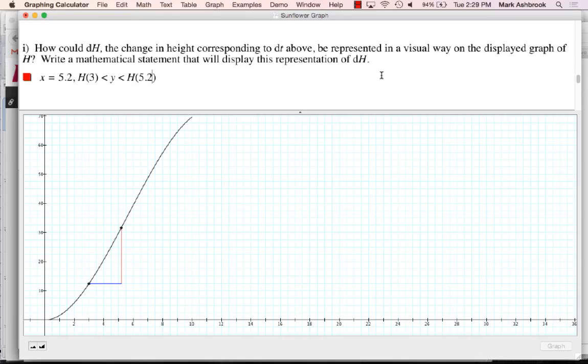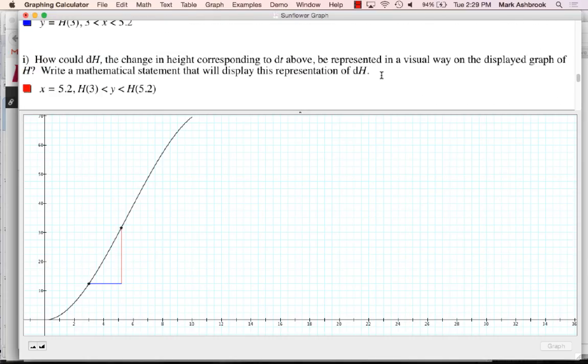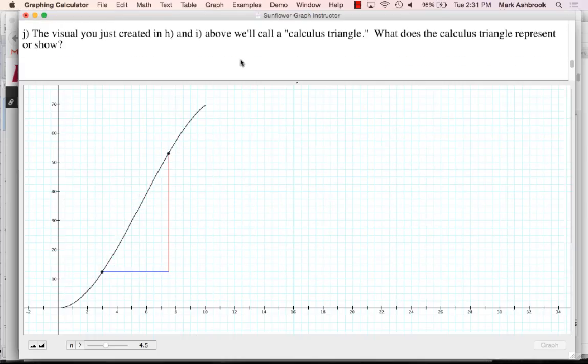Okay, so your next task: I'm going to show you the results of the next couple tasks visually. You can watch on the video, and then you can work on it at home. It's really important. When you do those last 3 parts correctly, now we're going to do a variable dt and a corresponding variation in change in height.